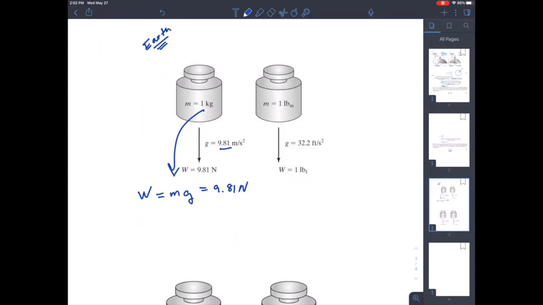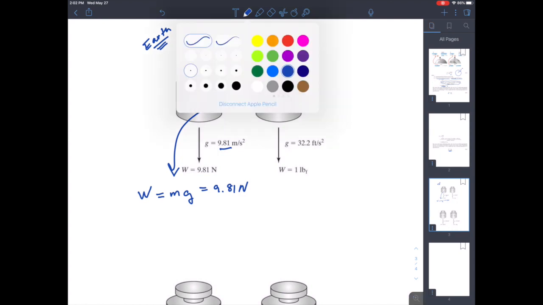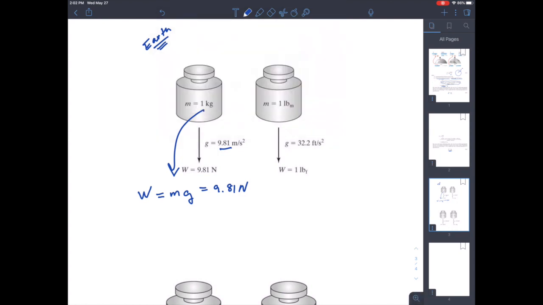So I think part of the confusion factor that students have when they're first starting to use pound mass in engineering formulas and physics is the following. Let's take 1 pound mass, and what we know is 1 pound mass will exert 1 pound force, if we're on the Earth.